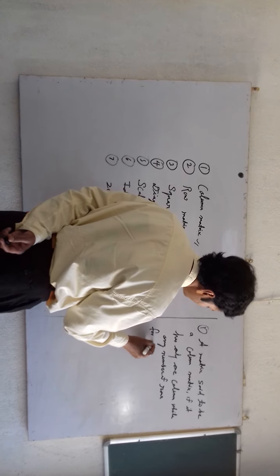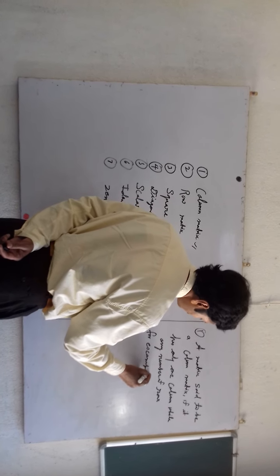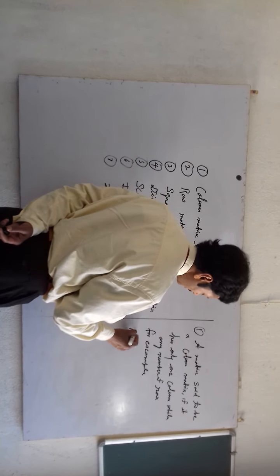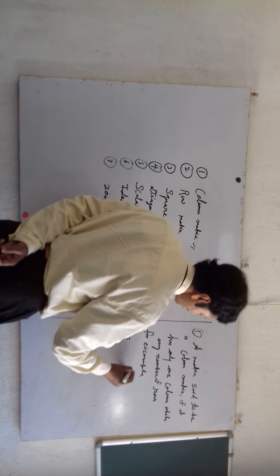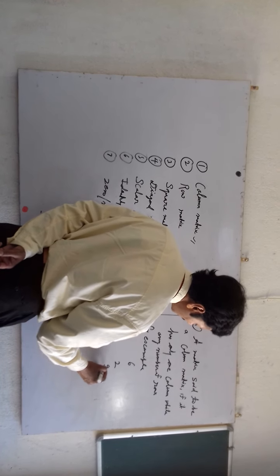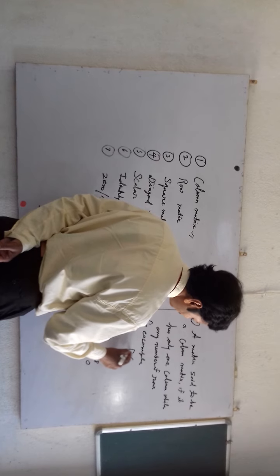For example, here is a matrix A which can be represented as 6, 2, 9, 8, 0.